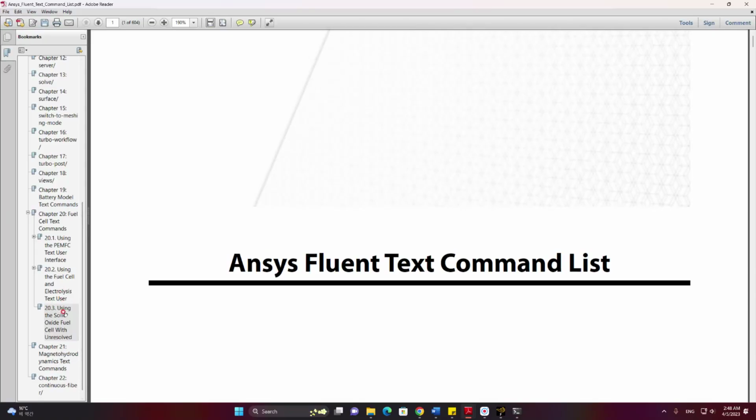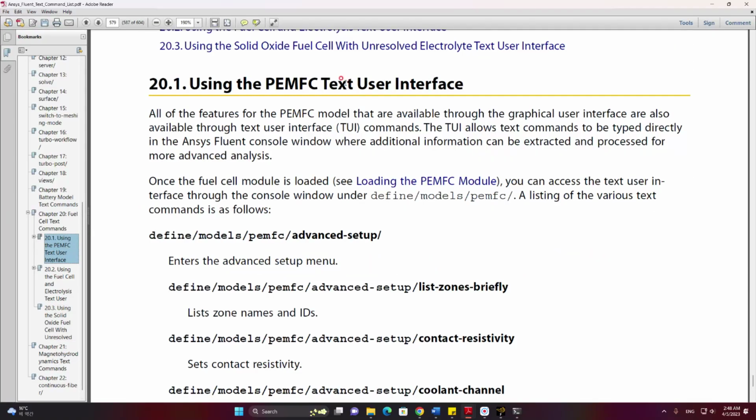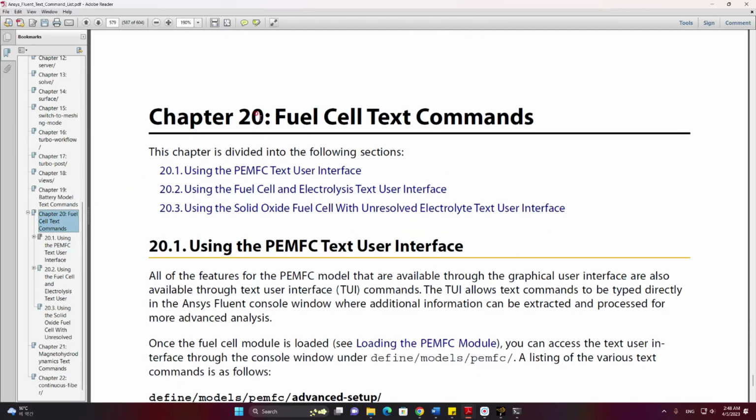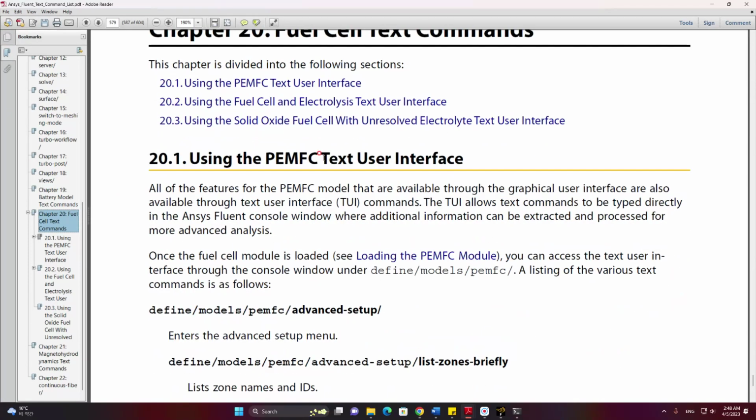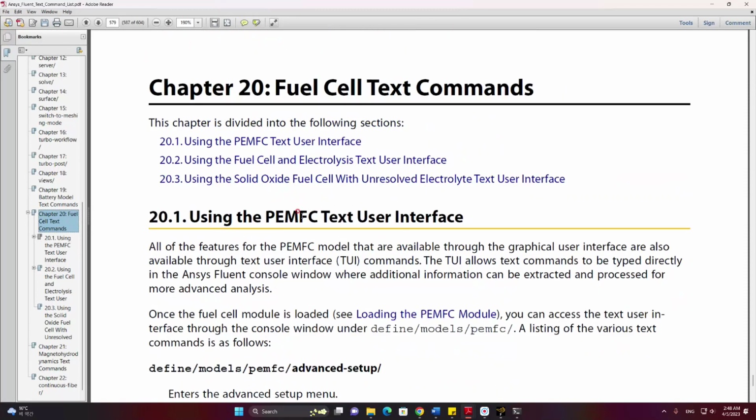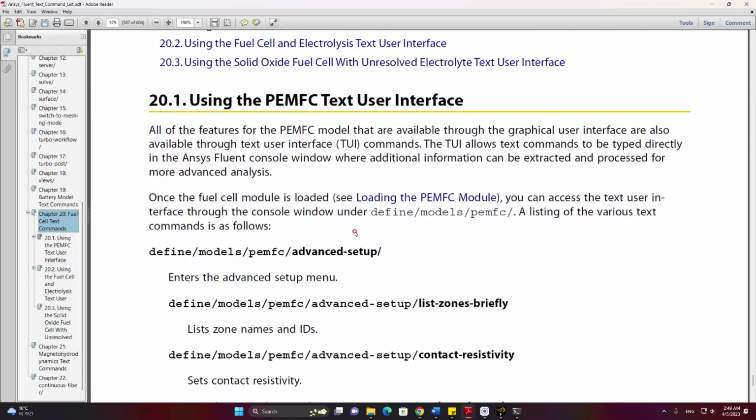Here, if you go to the fuel cell module, fuel cell commands, this lists all the commands that will be useful in fuel cells, not just SOFC but all the fuel cell categories, including MFC, electrolysis module, and solid oxide with electrolyte as well.